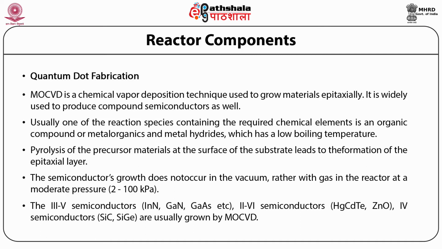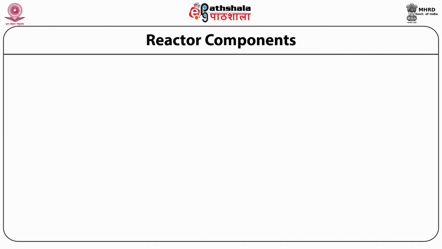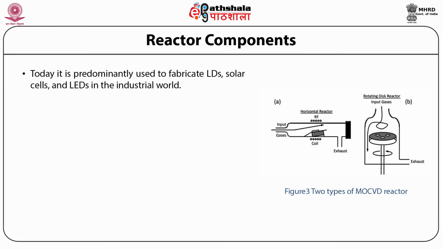Second-sixth semiconductors like mercury cadmium telluride or zinc oxide, or fourth group semiconductors like silicon carbide or silicon germanium are usually grown by MOCVD. Today it is predominantly used to fabricate solar cells and LEDs in the industrial world.